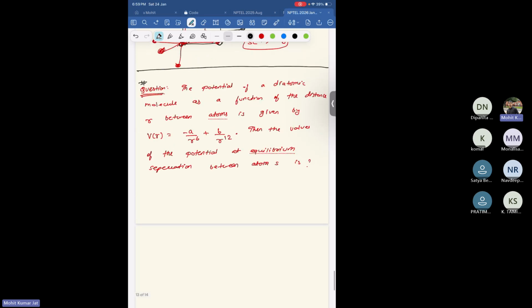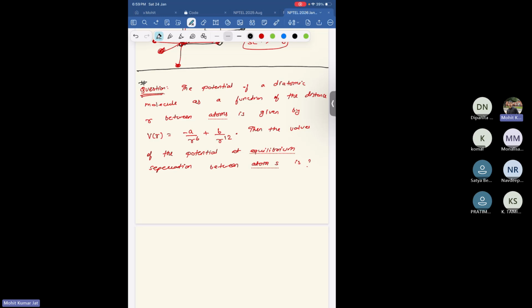okay. So this is the Lennard-Jones potential. In this, one of the terms, minus A by r^6, is the attractive potential, and B by r^12 is what we call the repulsive potential. And this governs why there are diatomic molecules, and along with that, it also tells why the two atoms don't just merge into each other. Because one of the terms is repulsive.